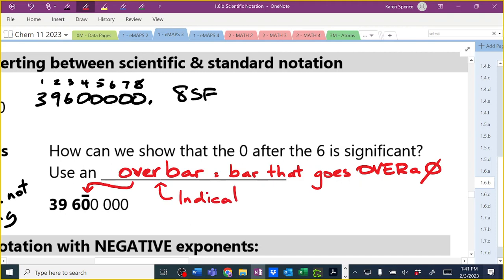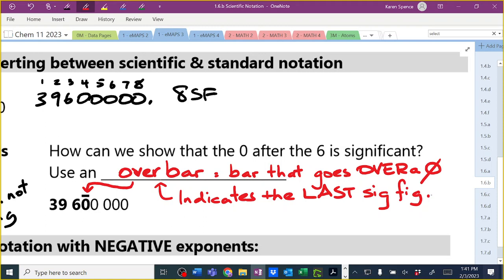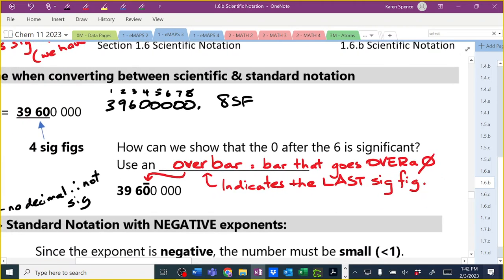So it indicates the last sig fig. Now, when you get out in the real world, I don't think people spend much time using overbars, okay? They would just write the number in scientific notation and be done with it. But if you need to, you can use it here. All right?